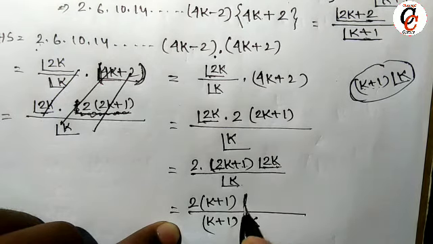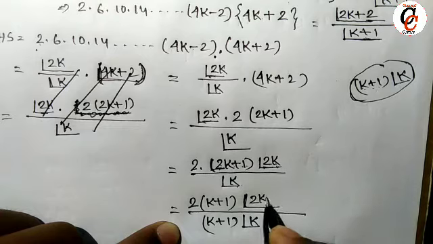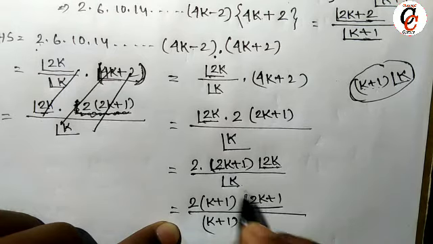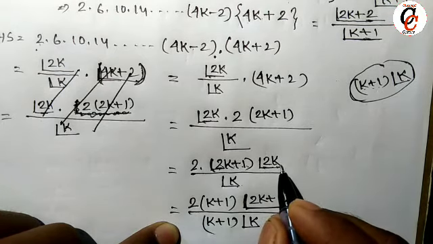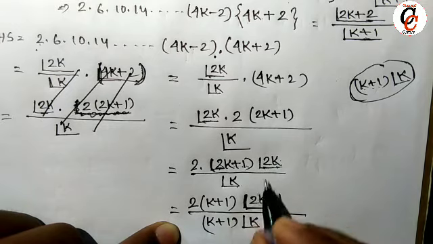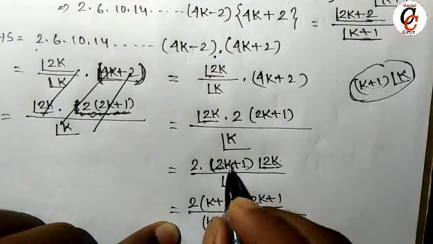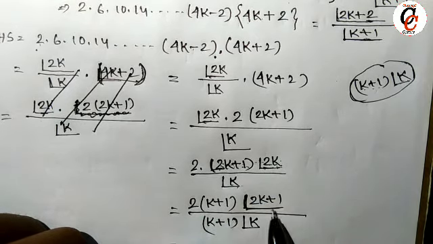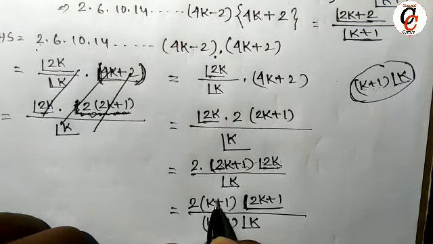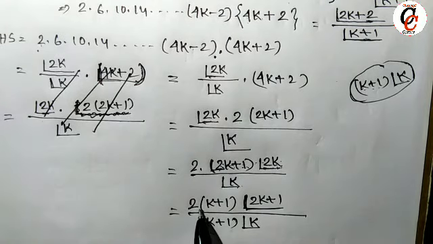We can write factorial 2k plus 1, yes or not? 2k plus 1 into factorial 2k means what? Here 1 is less, so these two terms together can be written as factorial 2k plus 1. Yes, we got it. Now see, k plus 1 is multiplied in the denominator, so the same k plus 1 is multiplied in the numerator. So I have written it along with 2.